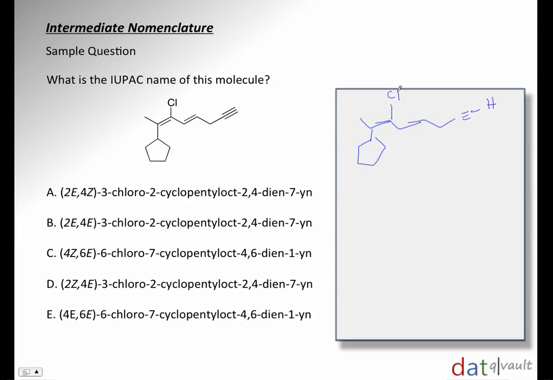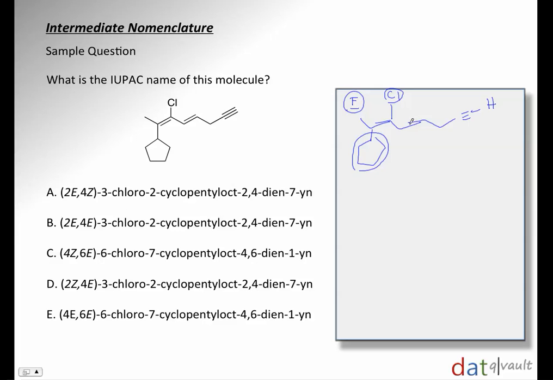This chloro group up here is going to get priority over this carbon chain down here. So since chlorine gets priority and cyclopentyl gets priority, this first double bond is going to be in the E configuration.